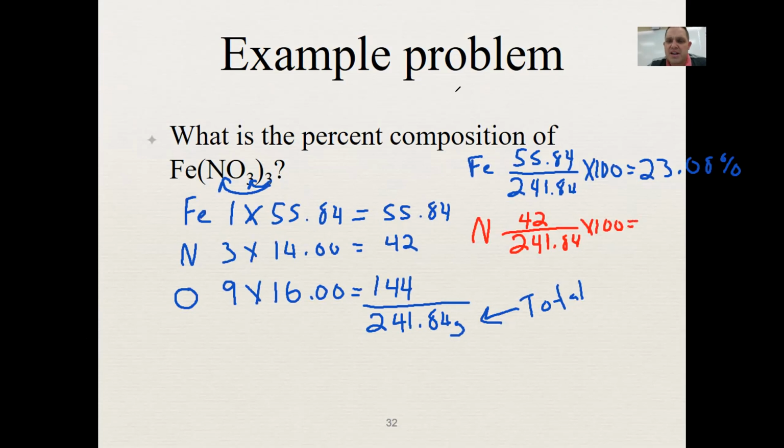Do you think the percentage of nitrogen is going to be more or less than iron? Hopefully less, because 42 is less than 55.8. But let's see. 42 divided by 241.84 times 100 equals, I get 17.37%, if I'm rounding.